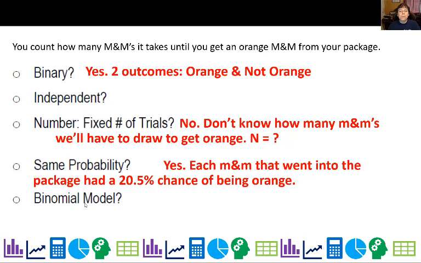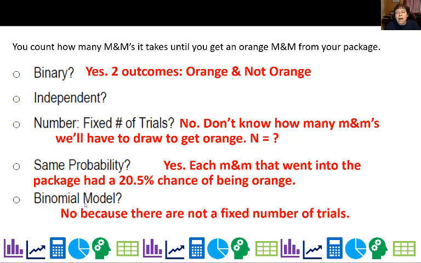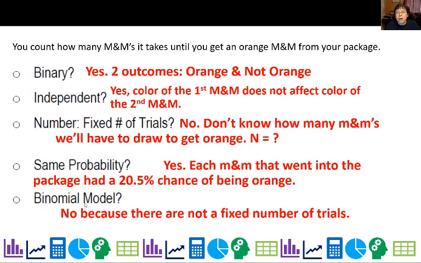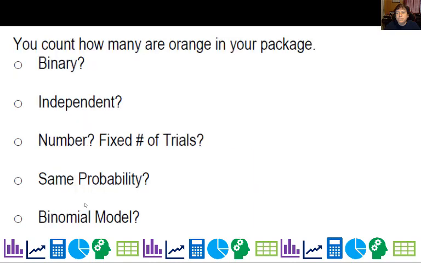Is it the same probability? Yes. Each M&M that went into the package had a 20.5% chance of being orange, but it's not the binomial model. But the M&Ms were independent. I mentioned that earlier. So if you're trying to say, how many times till I get, that's not a binomial model. You need a fixed number of trials.